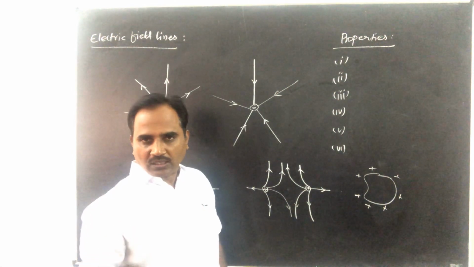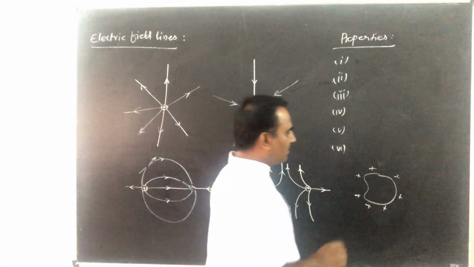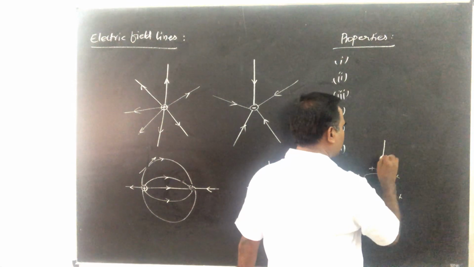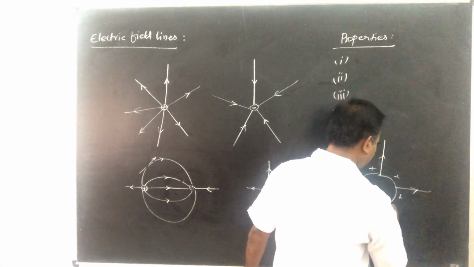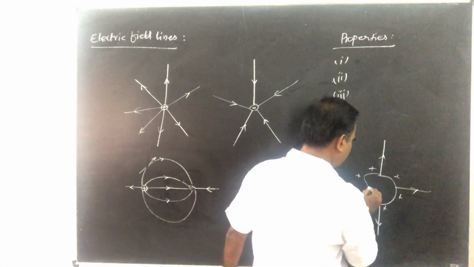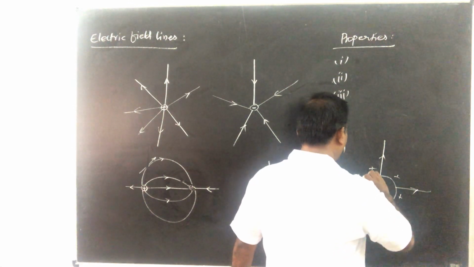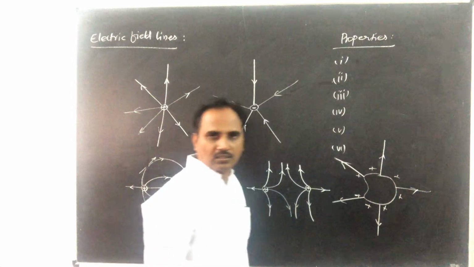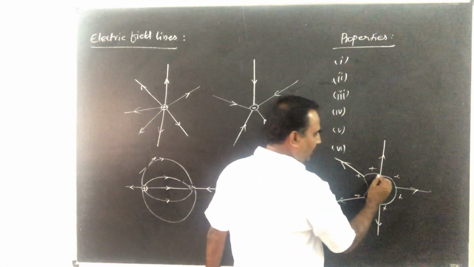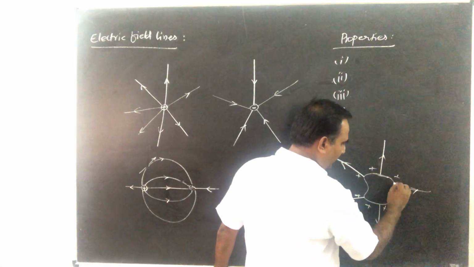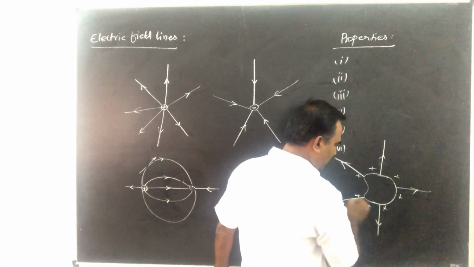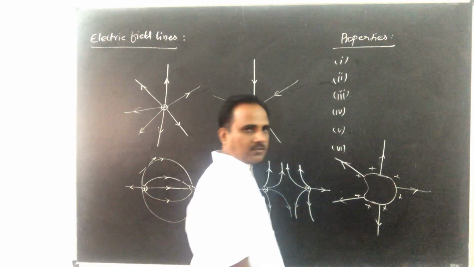Due to any charged conductor, electric field lines will be normal to the surface of this charged conductor like this. So always electric field lines will be normal to the surface of this charged conductor. This field line is perpendicular to the surface, this field line is perpendicular here, this is perpendicular here, this is perpendicular here, like that.